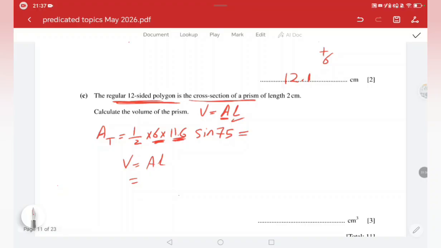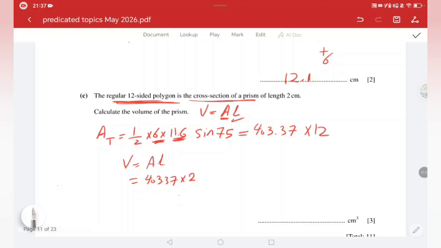Okay, so again, 1/2 times 6 times 11.6 times sine 75. Then times 12. So this one is 403.37. Then multiply this one by 2.